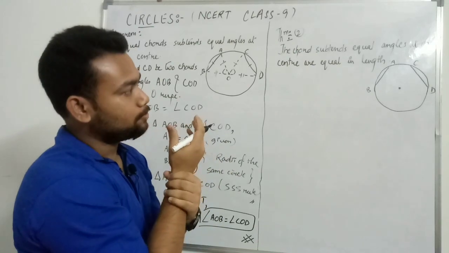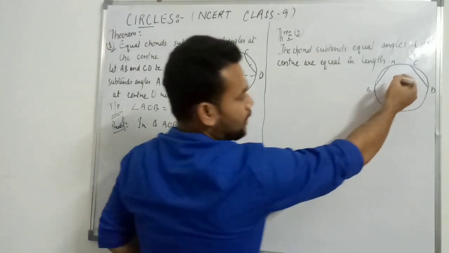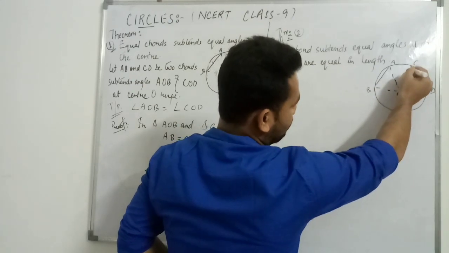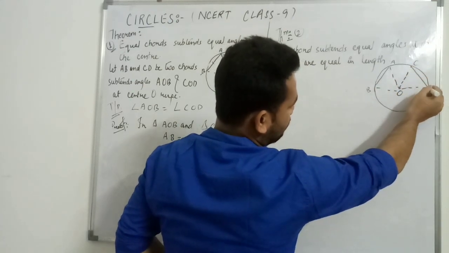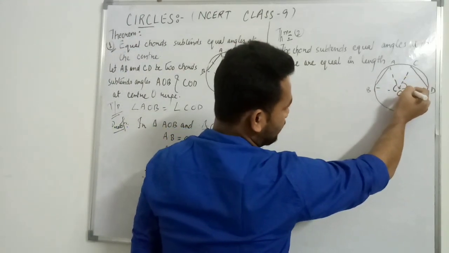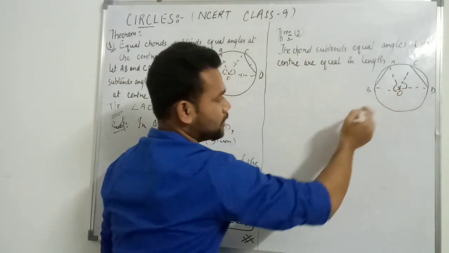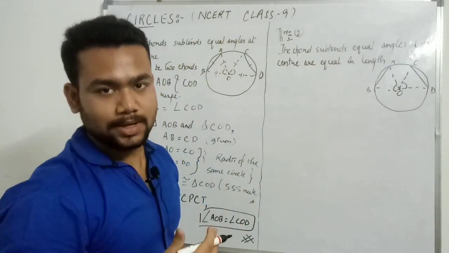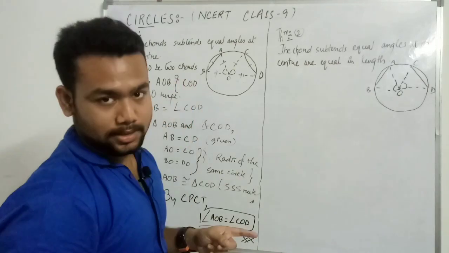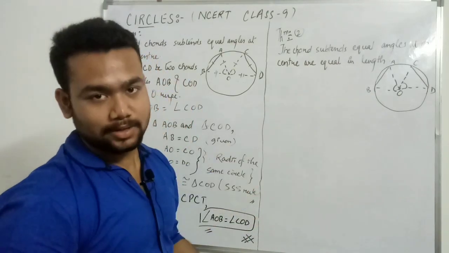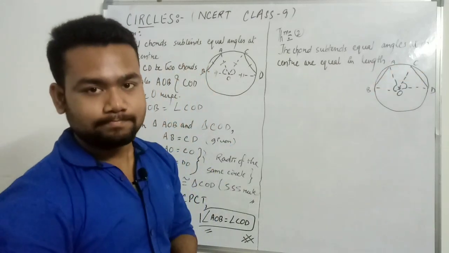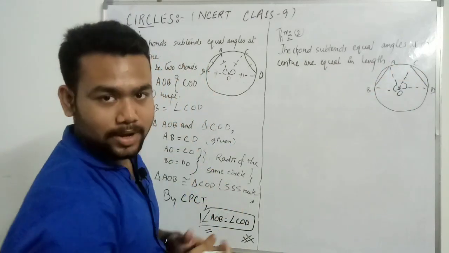So this time, these angles AOB and COD are equal, right? Earlier, we needed to prove these angles. This time these angles are given as equal, and you need to prove AB is equal to CD. Got it? Means the reverse part, right?